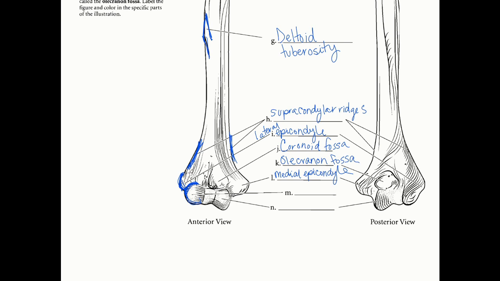And then M, which is on the lateral side is the capitulum, and N, which is on the medial side, is the trochlea. All right, and that's it for scapula, clavicle, and humerus.